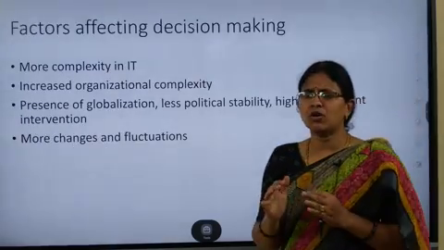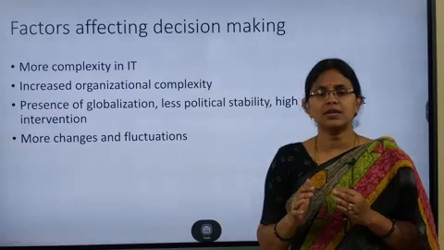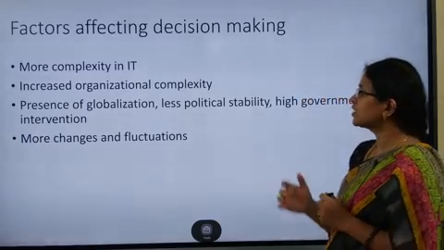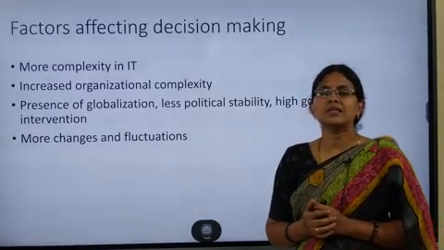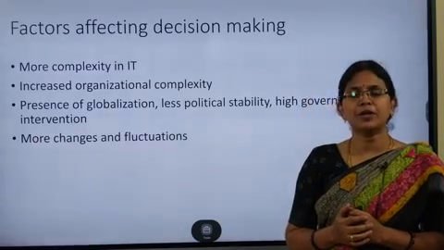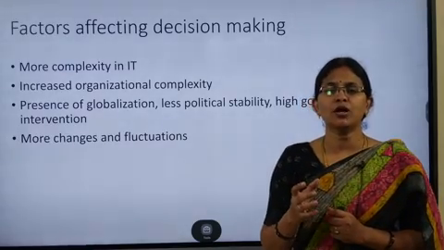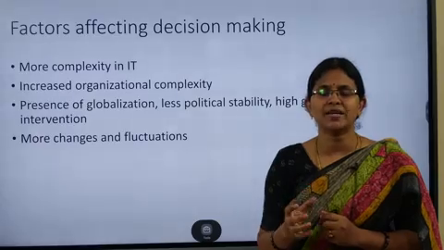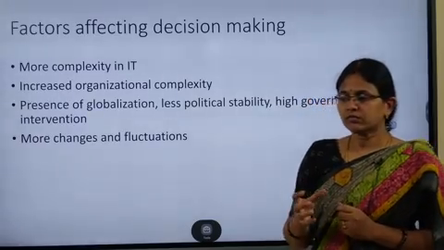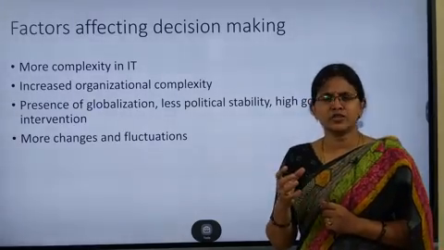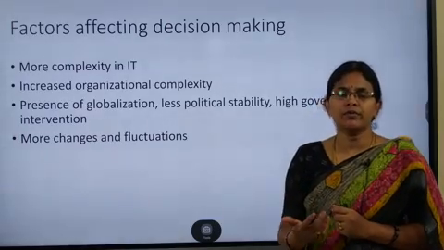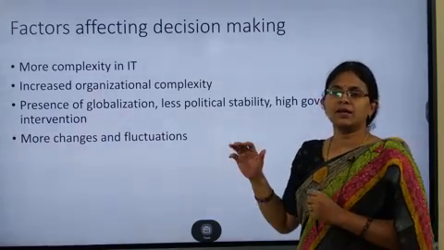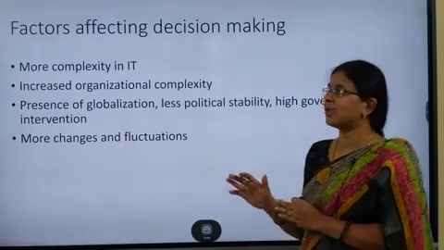And generally, what are the factors that affect your decision making process? First one is more complexity in IT. IT is nothing but information technology. If you are using very tough and complex software or complex information technology to support your decision making process, then it finally affects your decision making process.